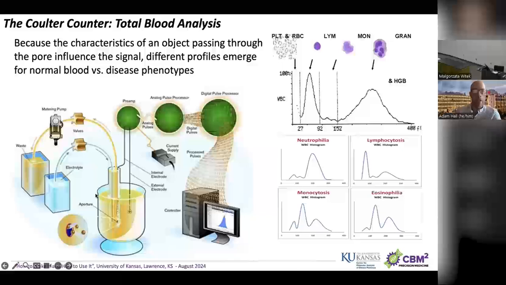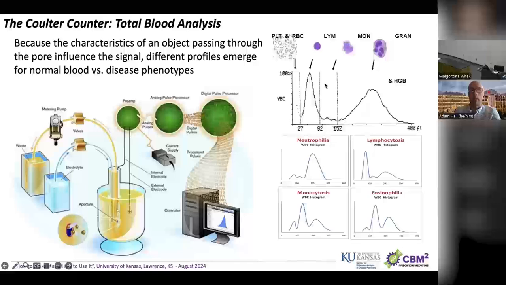Basically, you put a patient's white blood sample into fluid, and you flow that through, in this case, an aperture with pressure-driven flow. So you're actually pushing on one side to flow things through. As they go through, you start to collect these spikes, and you can analyze those spikes to determine something about the cells that are going through.